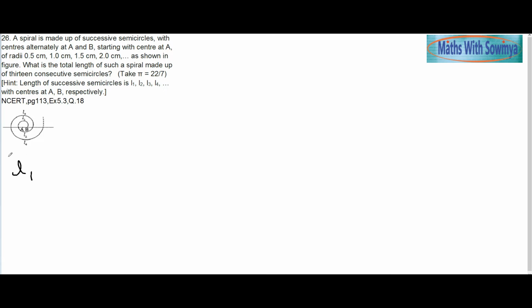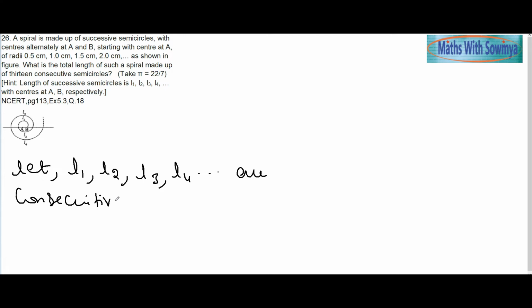So let L1, L2, L3, L4 be consecutive semicircles.